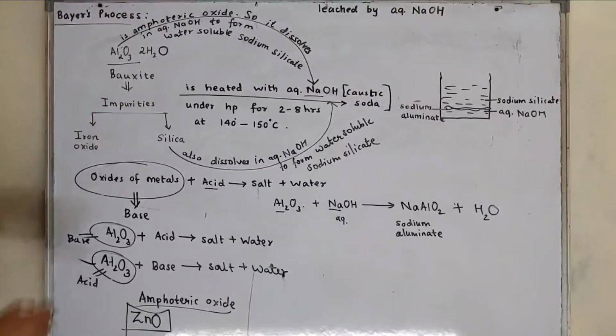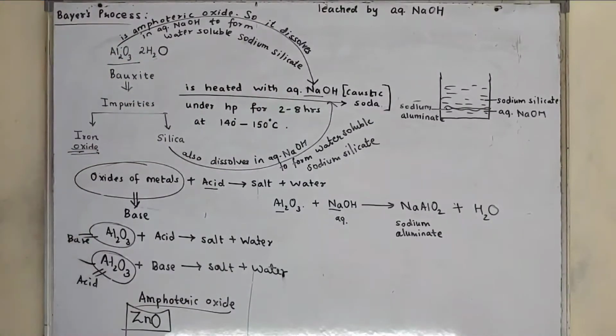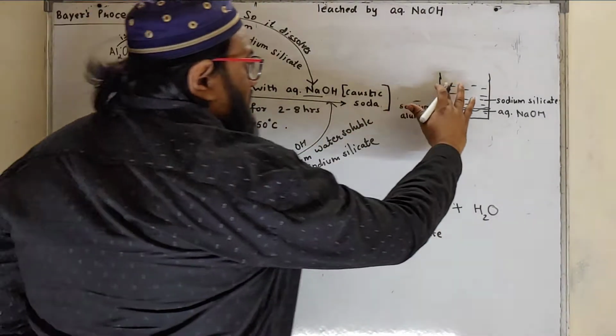But iron oxide is an oxide of metal and it is not an amphoteric oxide. It will only react with acid. It is not going to react with aqueous sodium hydroxide, so it will remain unaffected.